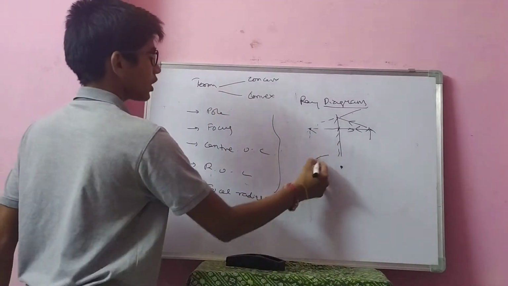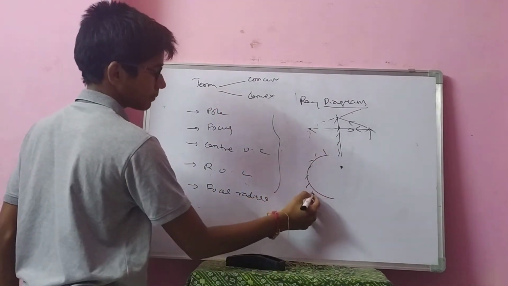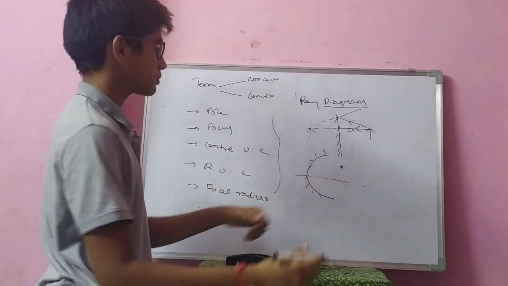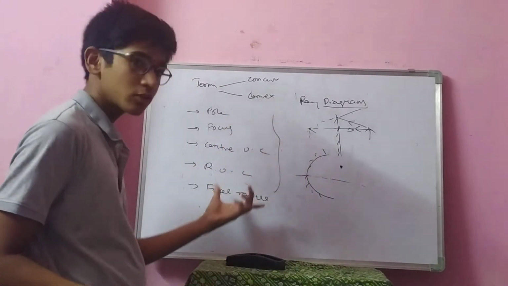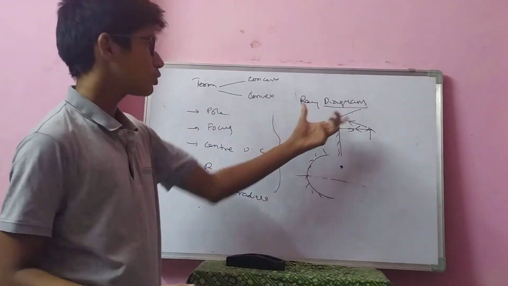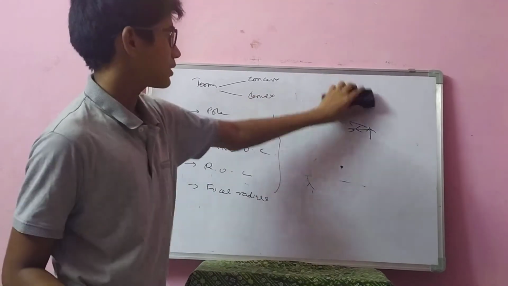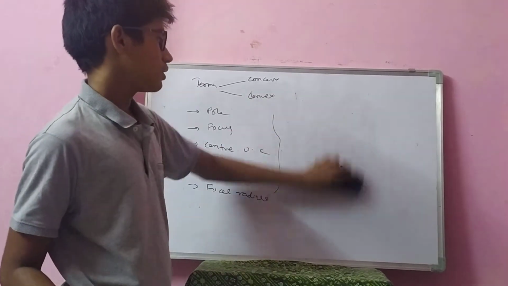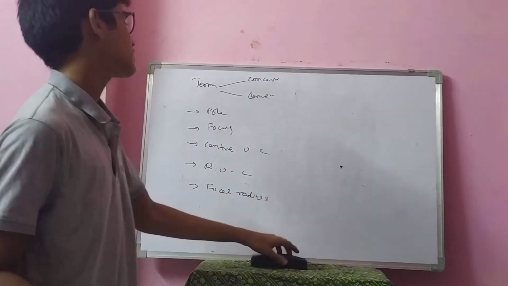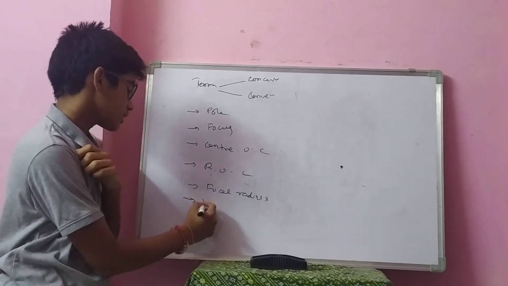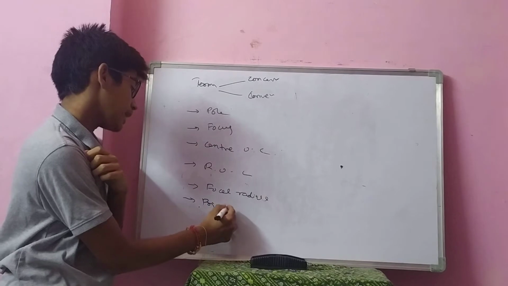How can we draw ray diagrams in the same way for concave and convex mirrors? We first have to know these terms to draw ray diagrams for any type of spherical mirror. Now, firstly we will discuss what is the pole, and also another term, principal axis.